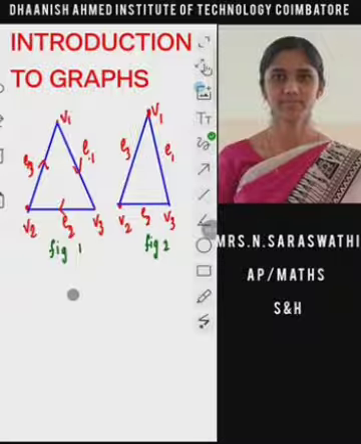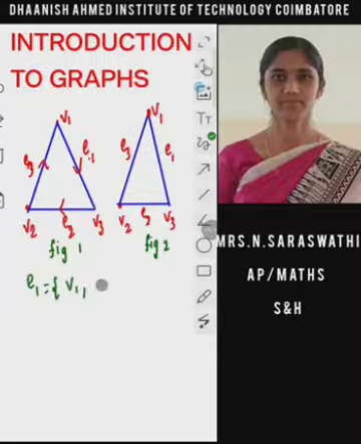Now, look at figure 1. Here, E1 edge is from V1 to V2. So, E1 we have to write as V1 and V2.